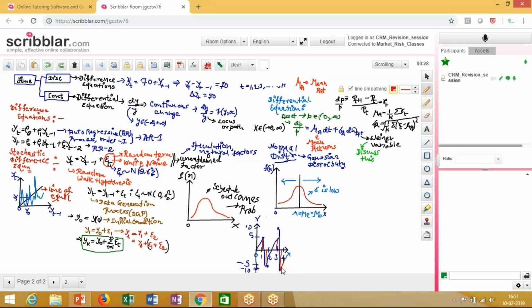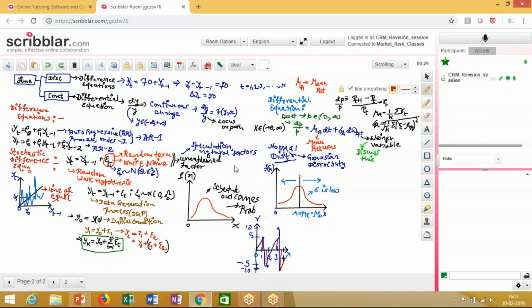So the variance remains constant. Therefore, if a random variable x follows a normal distribution with mean 0 and a constant variance, then that x variable is a random variable. So this variable is absolutely random in nature and it's a white noise variable, right?